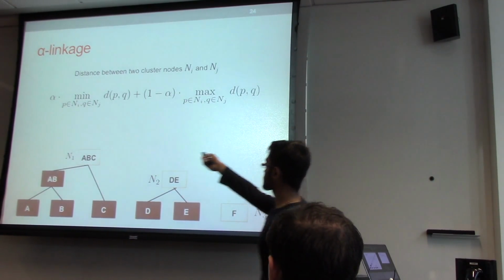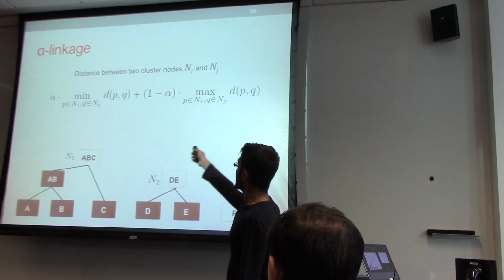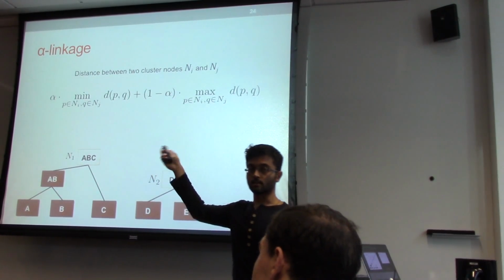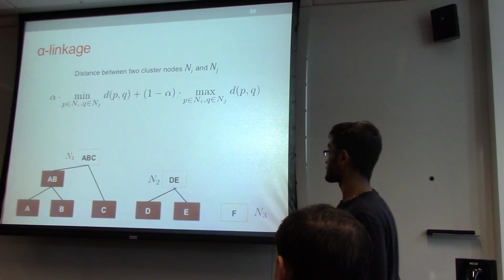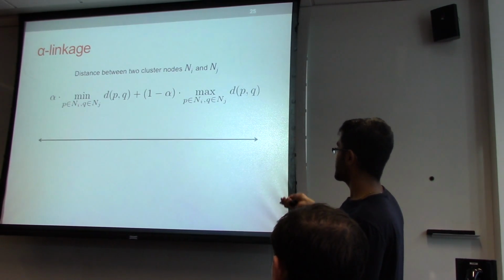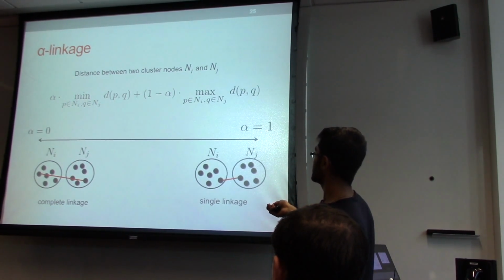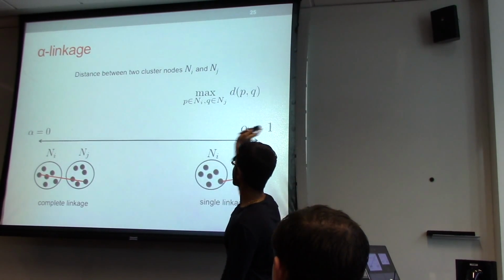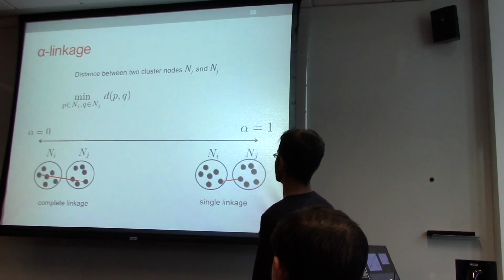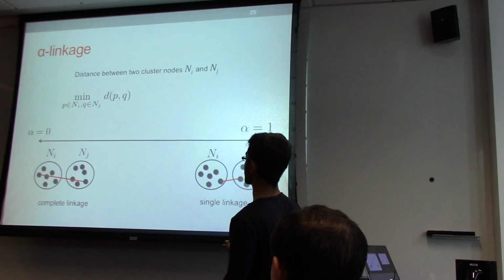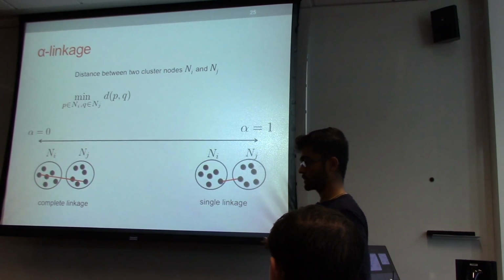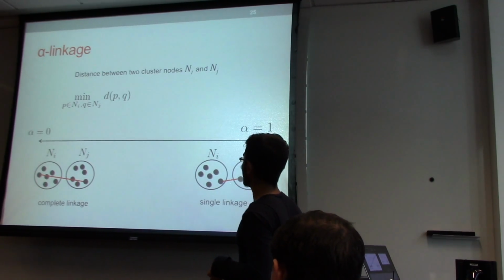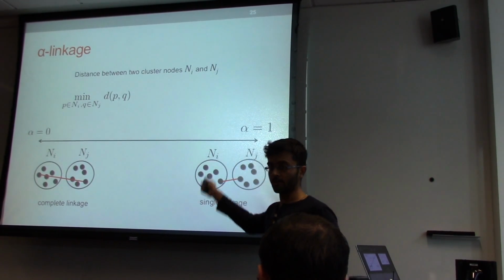Here, this simple notion is a linear weighted sum of the smallest and the largest pairwise distance between those 2 clusters. So you can see that this interpolates between complete linkage and single linkage. Okay. We'll develop a richer notion later in the talk, and that also goes through average linkage.